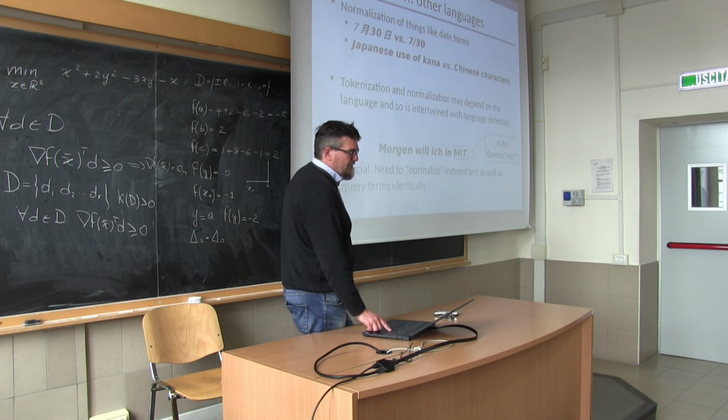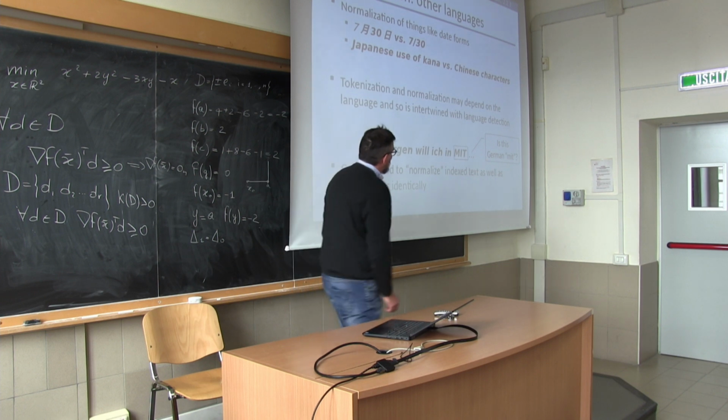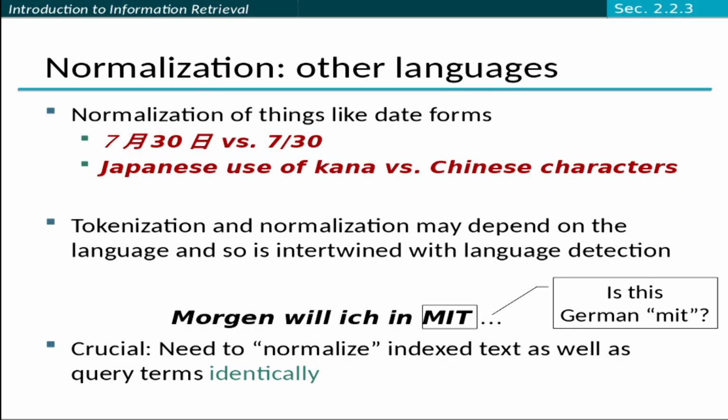Again, there are a number of problems, we already said for the dates, or in this example, this MIT here, which is a capital MIT, is it the Massachusetts Institute of Technology or is it "mit" in German? Okay?